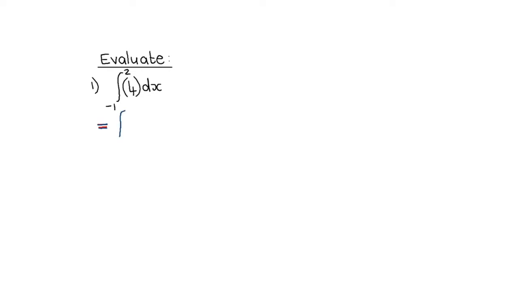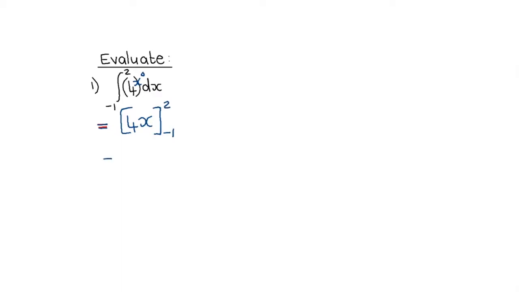If we look at this example of a definite integral, I will integrate as I normally do. So in this case, if I integrate, it will be 4. I see there's actually an x to the power 0 next to it, so it will be x to the power 0 plus 1, divided by 1. I'm not even going to write the constant, and I know it's restricted between x values negative 1 and 2, which means I have to replace every x value with the highest bound x value first, and then every x value with the lower limit x value.